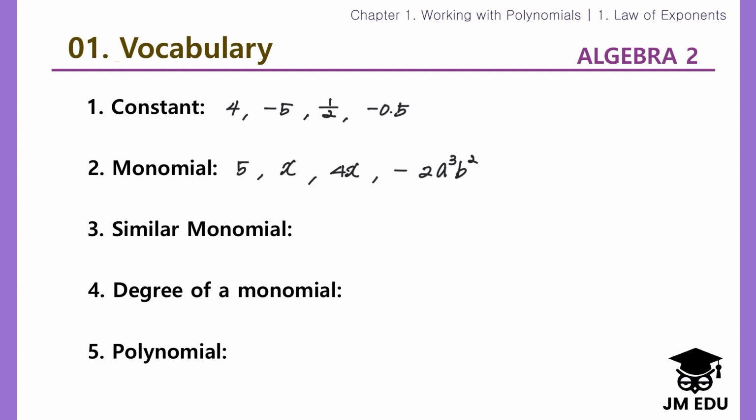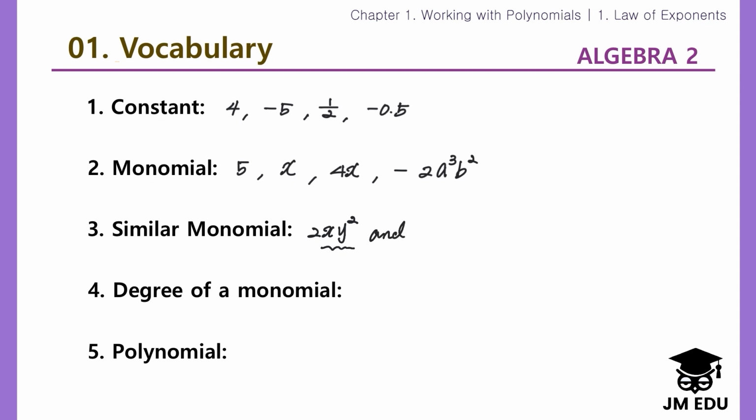Number 3, similar monomials. We say that monomials are similar if they have identical variables. For example, we could have 2xy squared. Here we have the variable part xy squared.